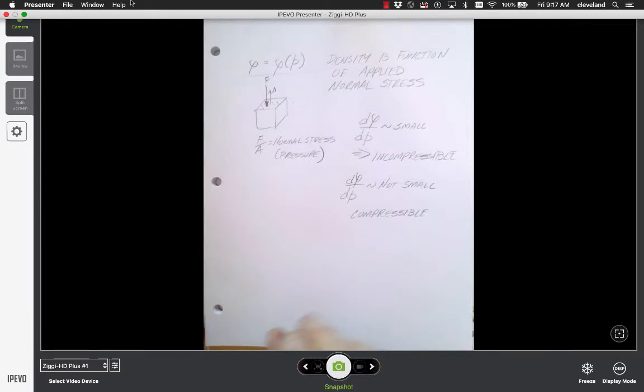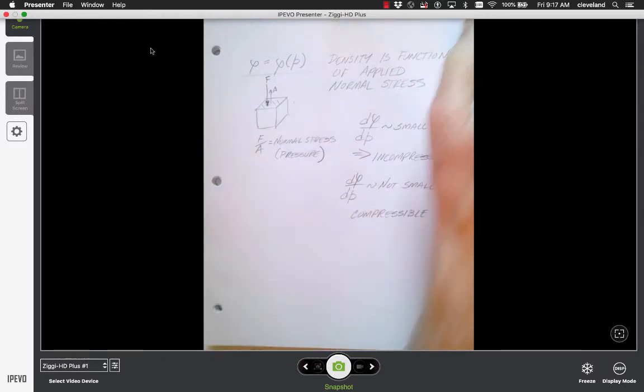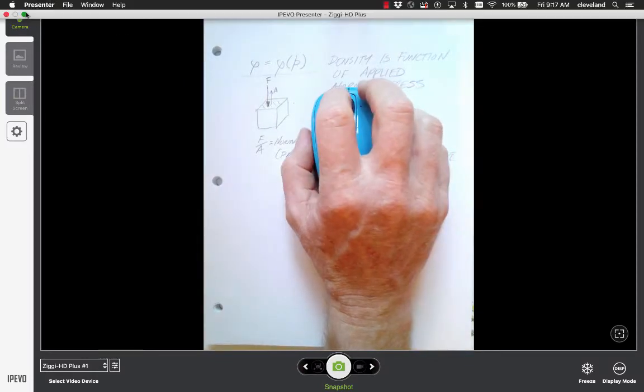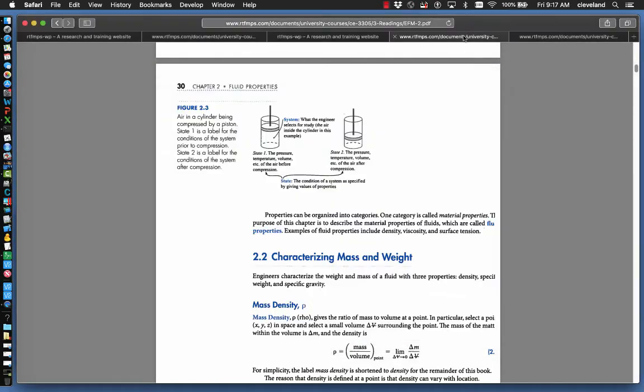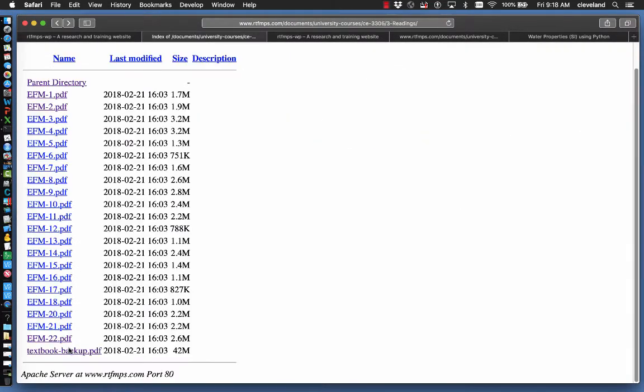So what we're going to do is record density. I think we can get this from a table online. No. Hopefully this is the back of the book. No, not what I want.